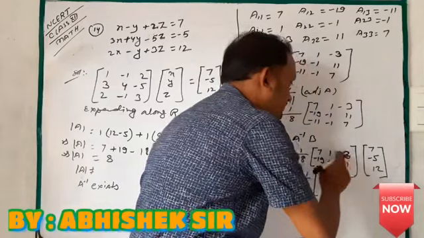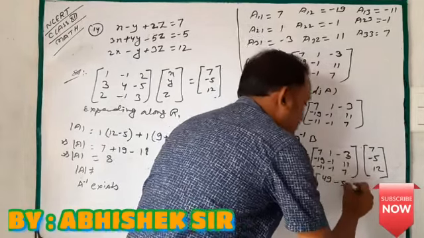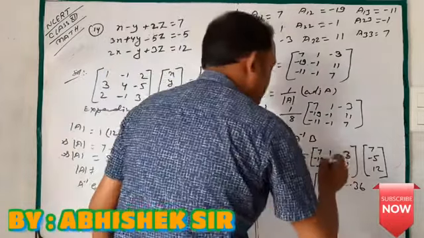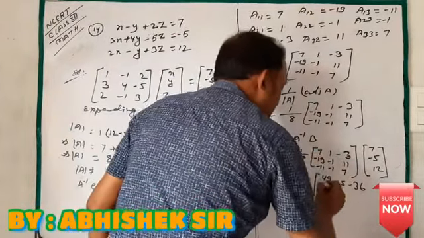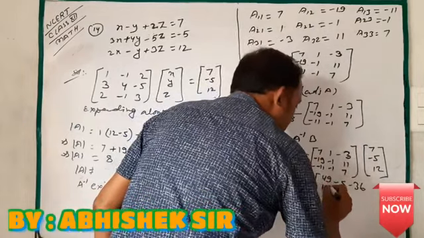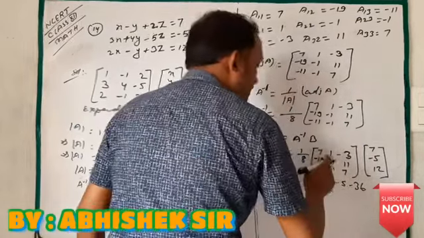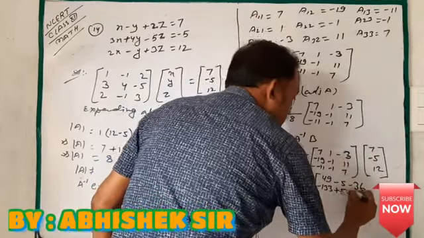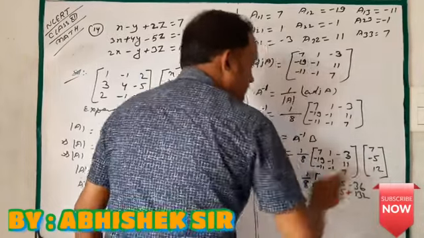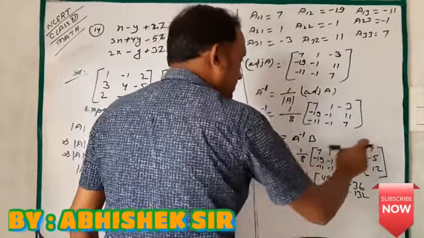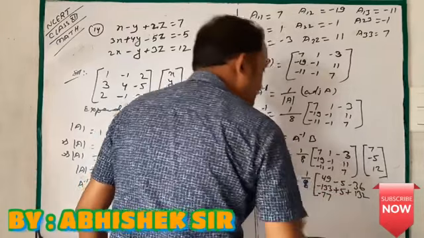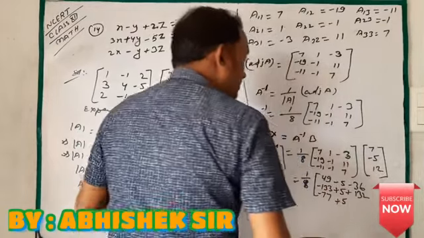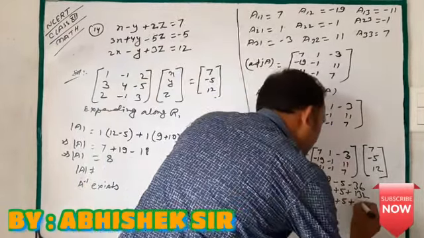Minus 5, 12 3 is 36. 19 7 is 133, minus plus 5, 132. This is 77, minus 77, plus 5, and 84.